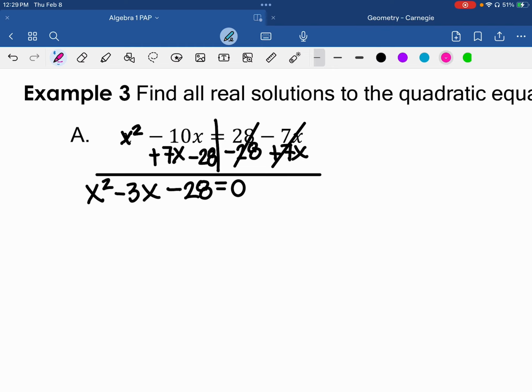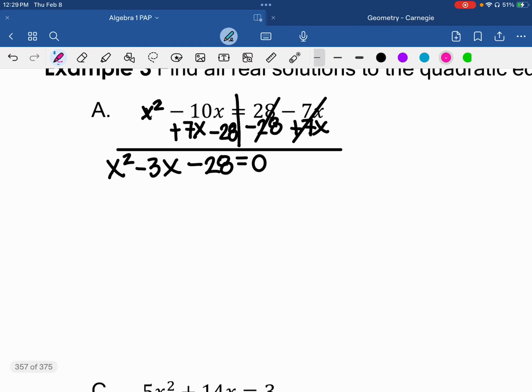All right, now I'm going to identify my A term. Remember, your A term is always right here in front of your x squared. This time, since it is invisible, it is a 1. Next, I have my B term.